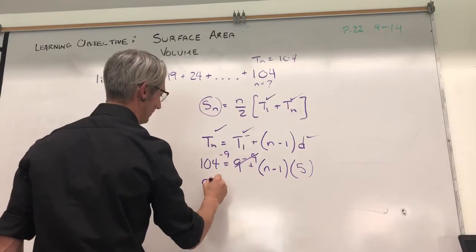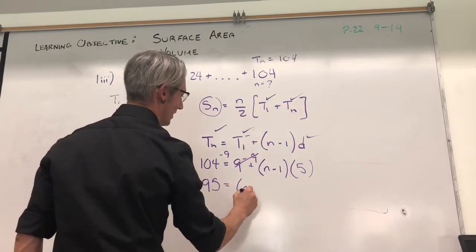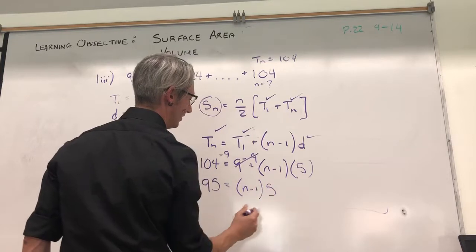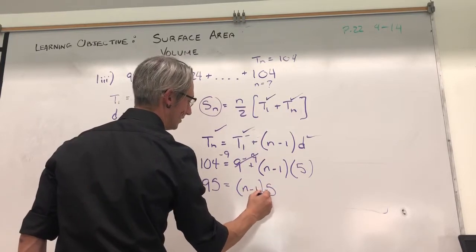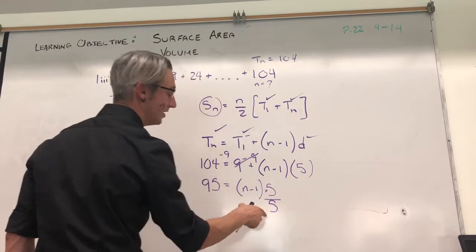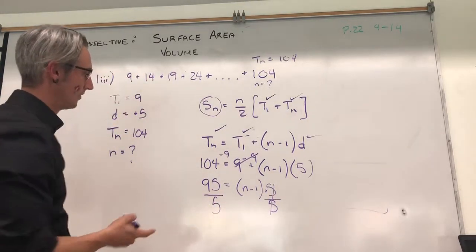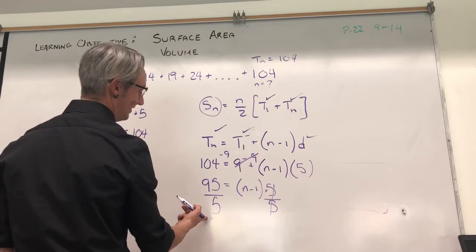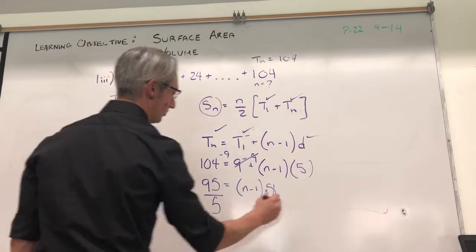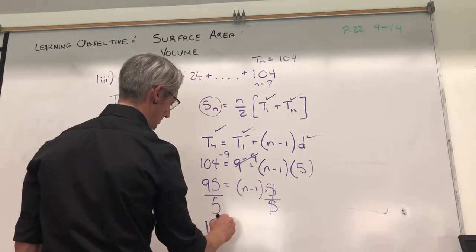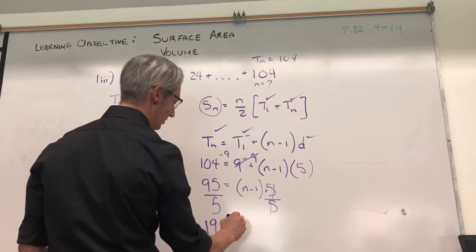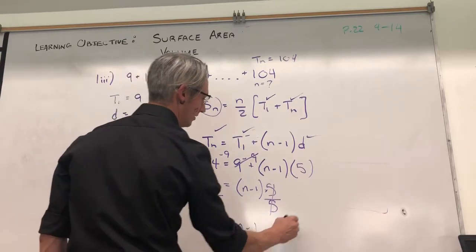This becomes 95 is equal to n minus 1 times 5. So I can divide out the 5. What I do to one side, I have to do to the other. This becomes 19 is equal to n minus 1.